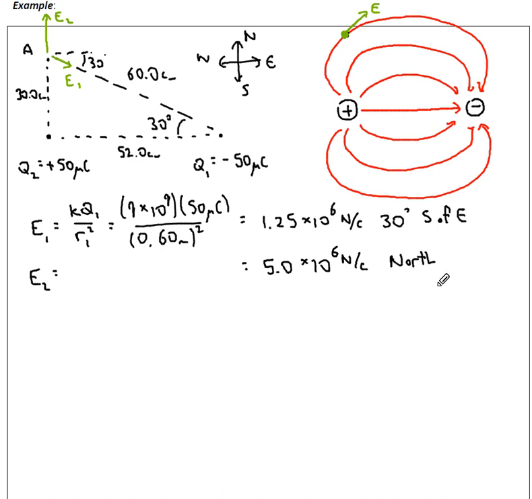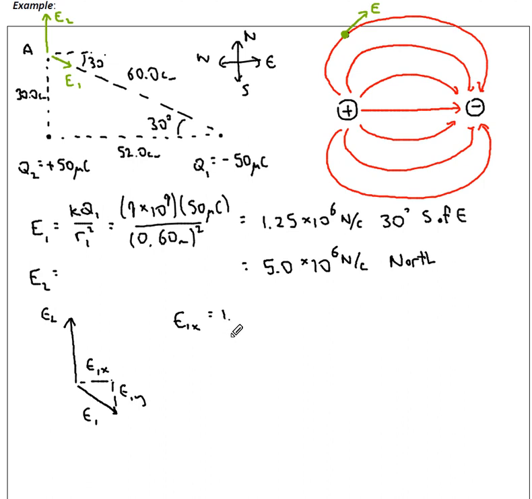Now we just need to vectorially add them together. There are different ways. Last time, with the previous one, we did a picture, but we can also do a table. Basically, E2 is up. It only has a y component, but E1 has both an x and a y component. So E1 has an E1x value and an E1y value. What is E1x equal to?